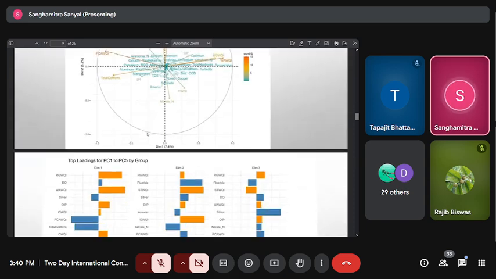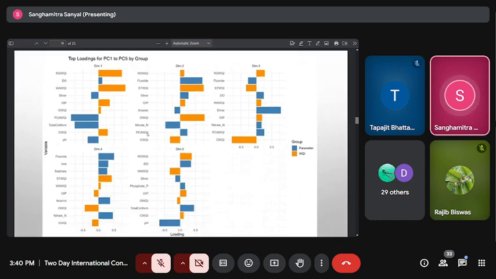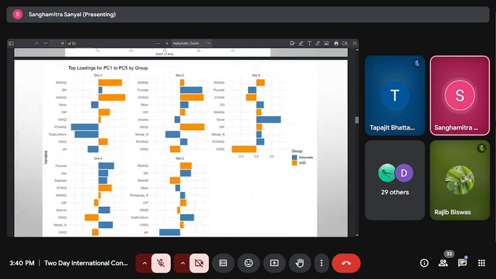If you want to see this, these are the top five loadings. The ones in orange are the water quality indices, and the ones in blue are the water quality parameters.